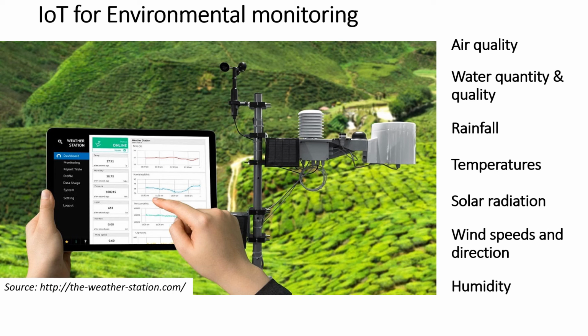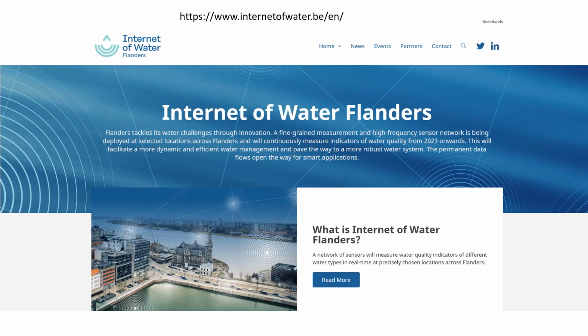For example, what you see in the image is an example of an automatic weather station that is connected to the internet, and you're able to view measurements at real time or near real time, like what you see also in the image. I invite you to have a look at the Internet of Water Flanders. That is an organization that is applying IoT systems to monitor the water quality in Flanders, Belgium.